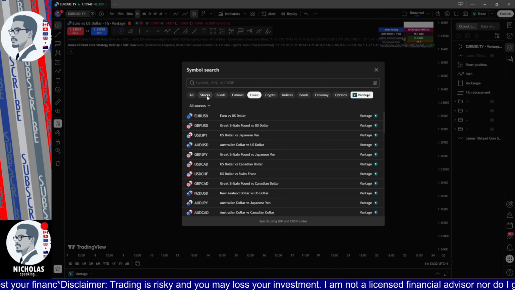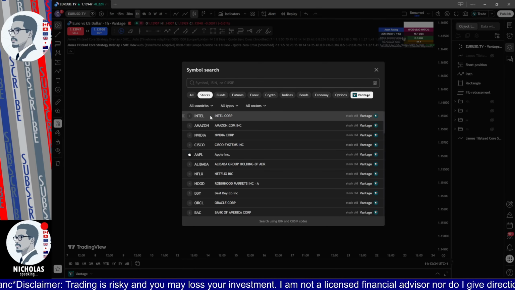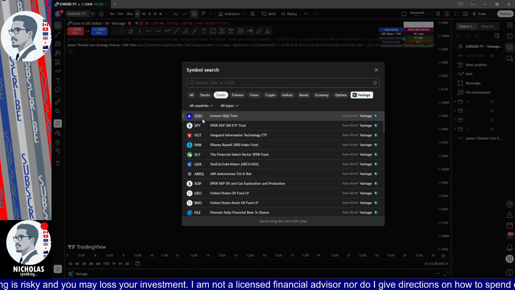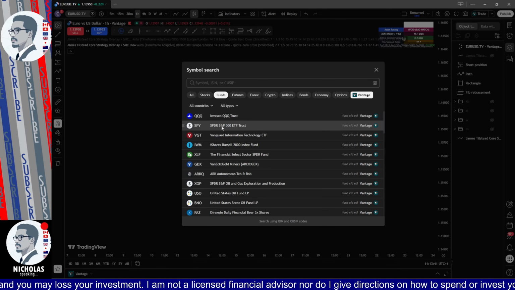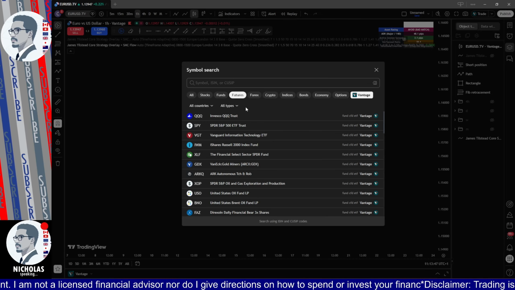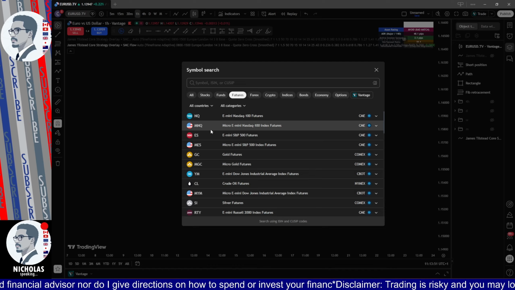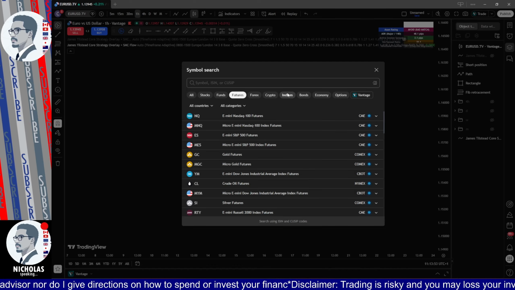I want you to take a good look at every other market here. In stocks, you're trading one item. In funds, you're trading one item. Even if it's a combination like the S&P 500, it's a combination of so many things averaged to become one item. In futures, you're trading the same thing, one item. Let's go to indices.